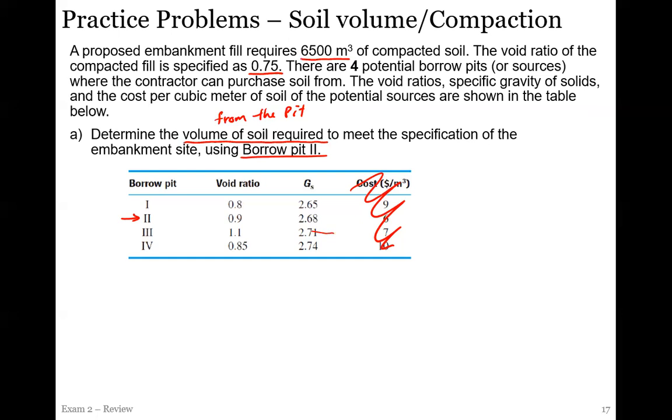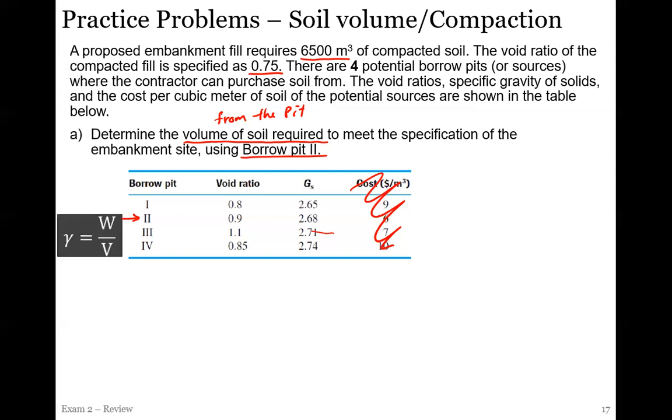So just right off the bat, if our proposed site requires 6,500 cubic meters, and this is going to be in a denser state than our location where we're getting the soil from, then we're most likely going to need more soil to compact it into that tighter criteria.